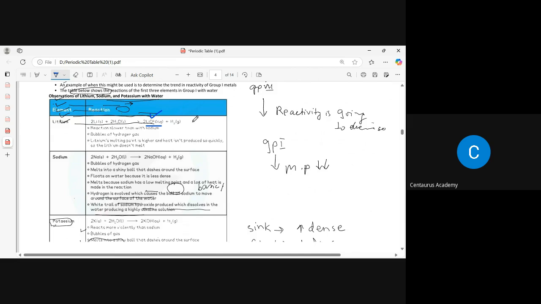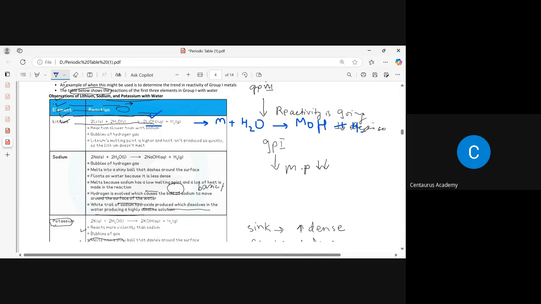So the general reaction of metals reacting with water is that whenever metals react with water, they produce their own hydroxide, and hydrogen gas is evolved.